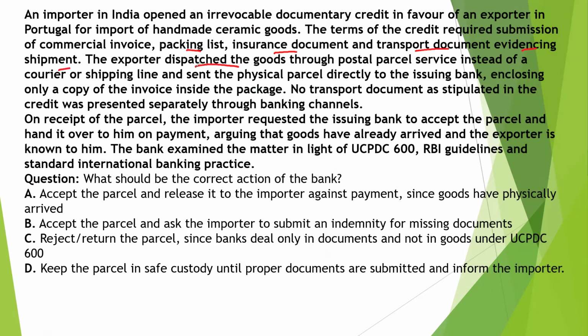The exporter dispatched the goods through postal parcel services instead of courier or shipping line, and sent the physical parcel directly to the issuing bank, enclosing only a copy of the invoice inside the package. So no transport document as stipulated in the credit was presented separately through the banking channel.